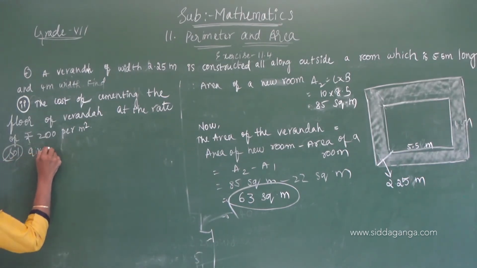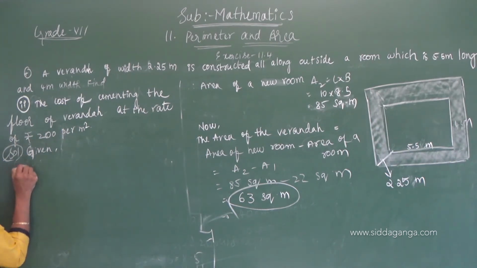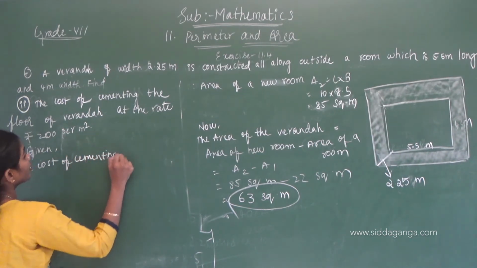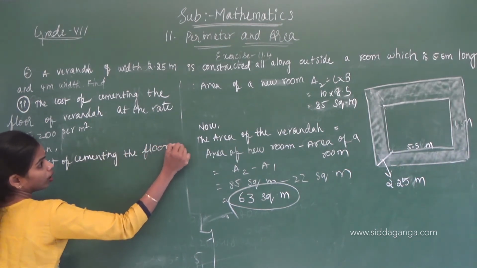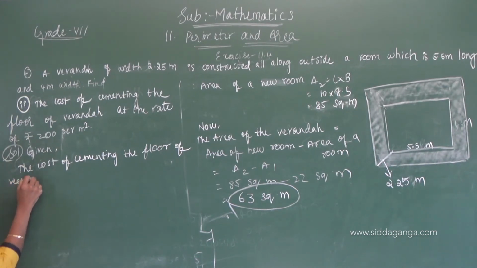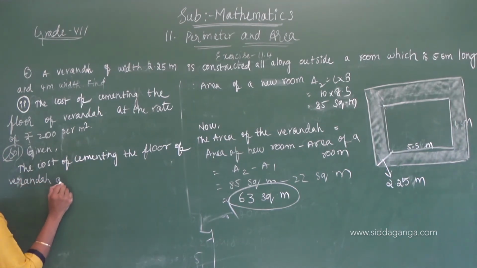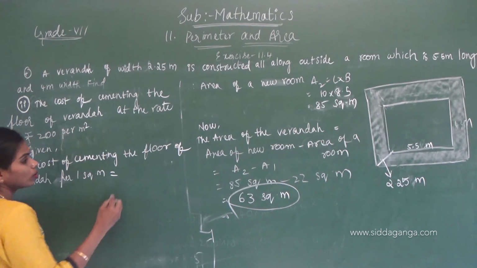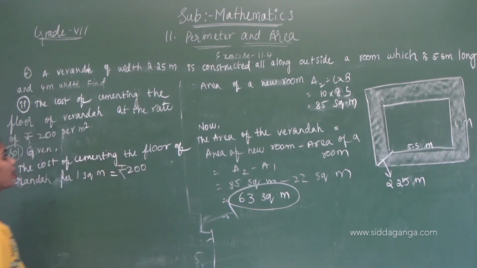Given: the cost of cementing the floor of the veranda per 1 square meter equals 200 rupees.